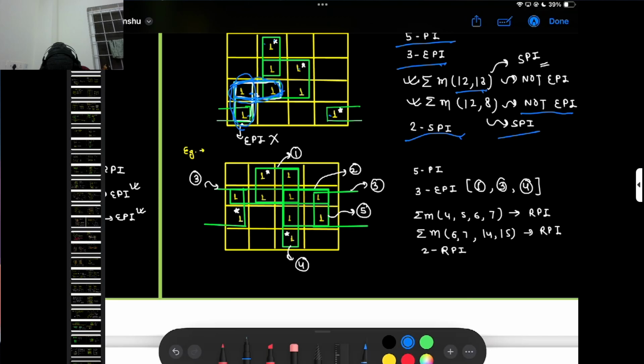Here is PI. So one group is here, one group is here, two, three group is here, and four group is here. So one, two, three, and four. Four is my PI. But how is it five? Let's check again.